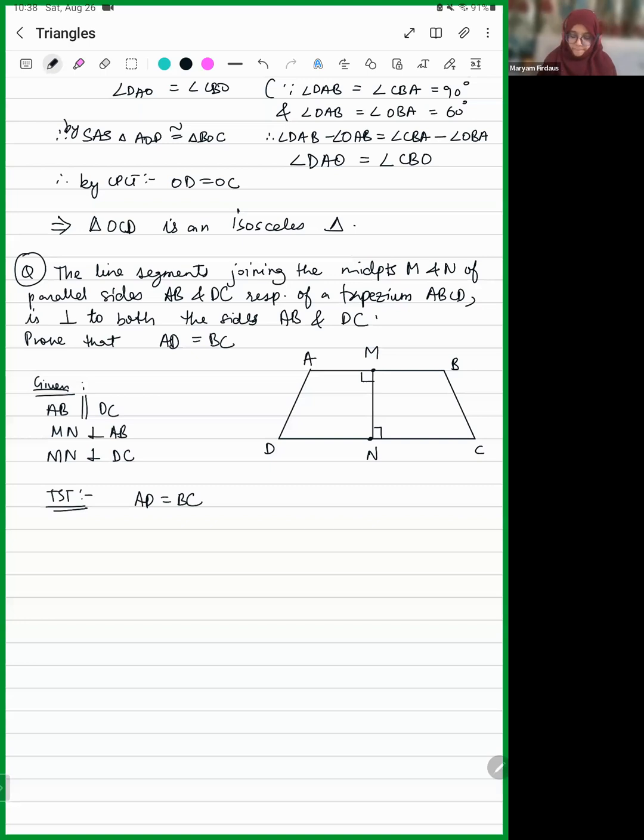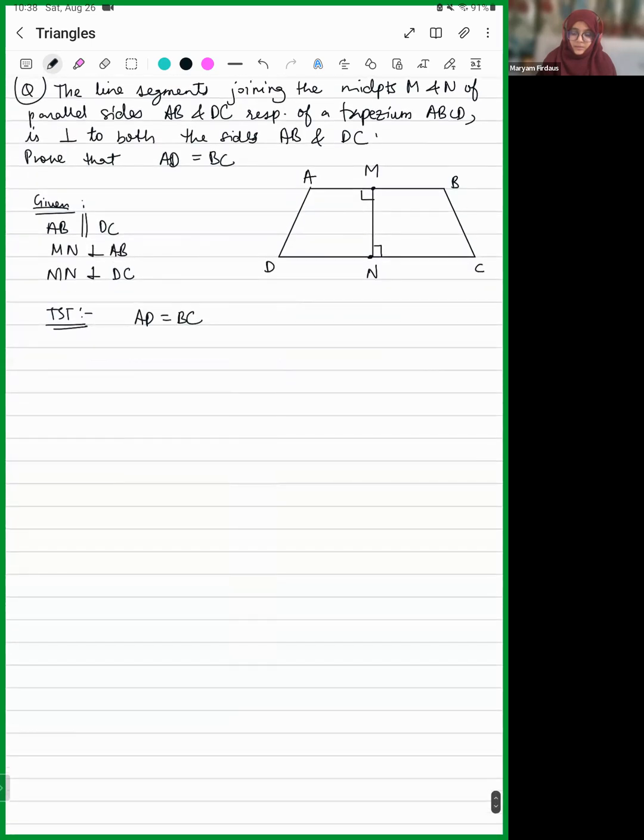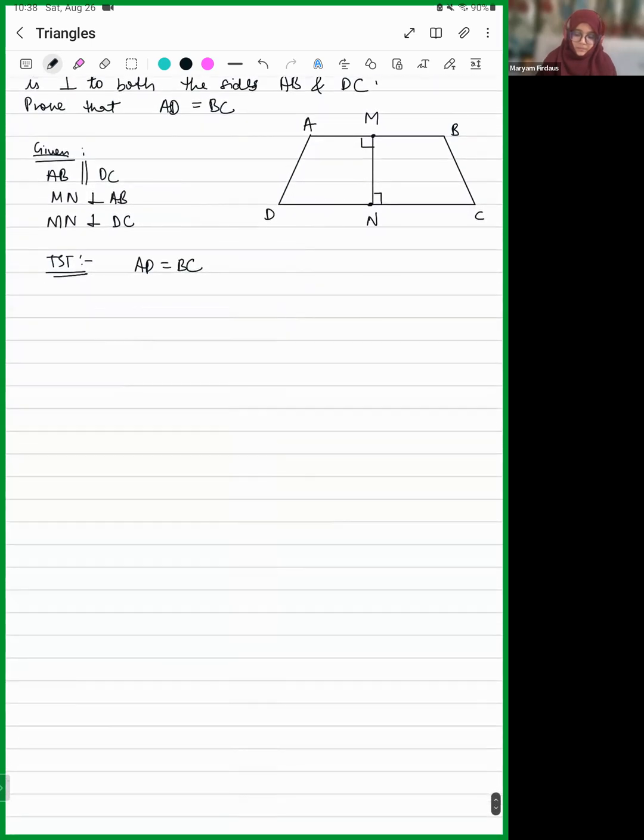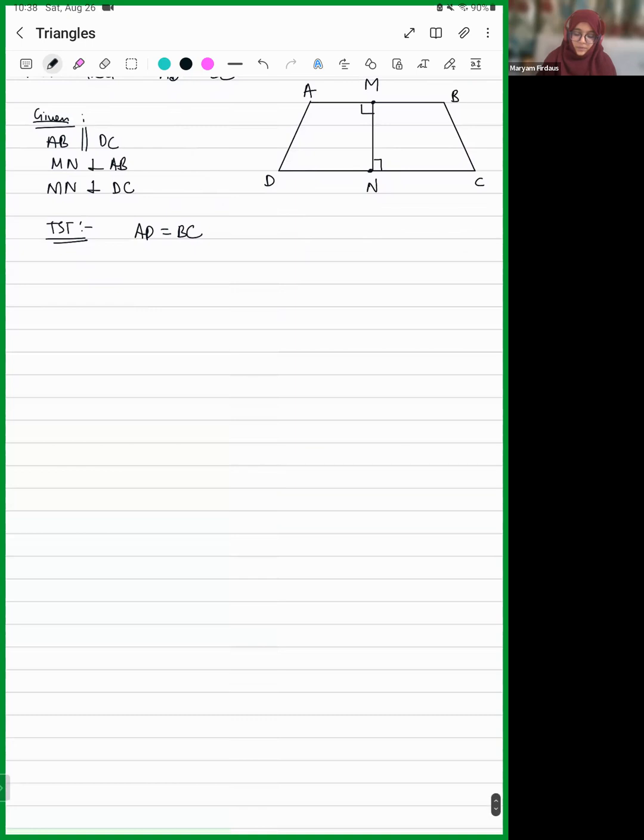It's given that both the angles are 90. Okay, let me give you a hint.